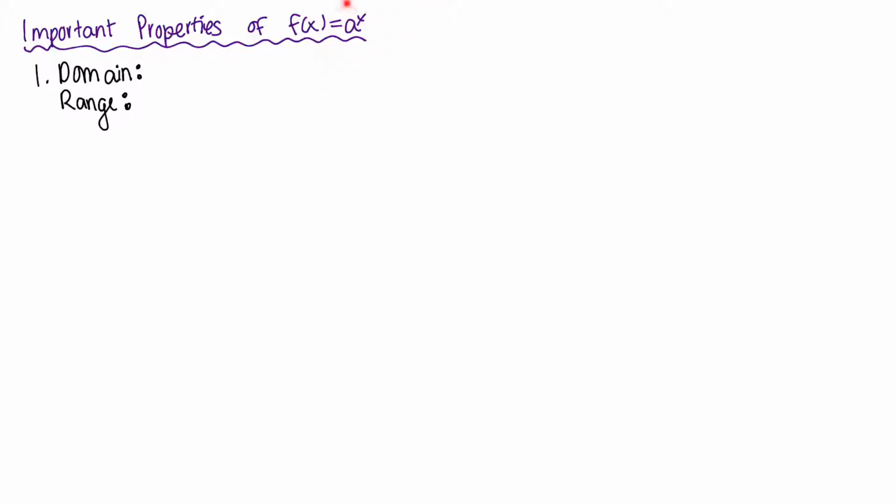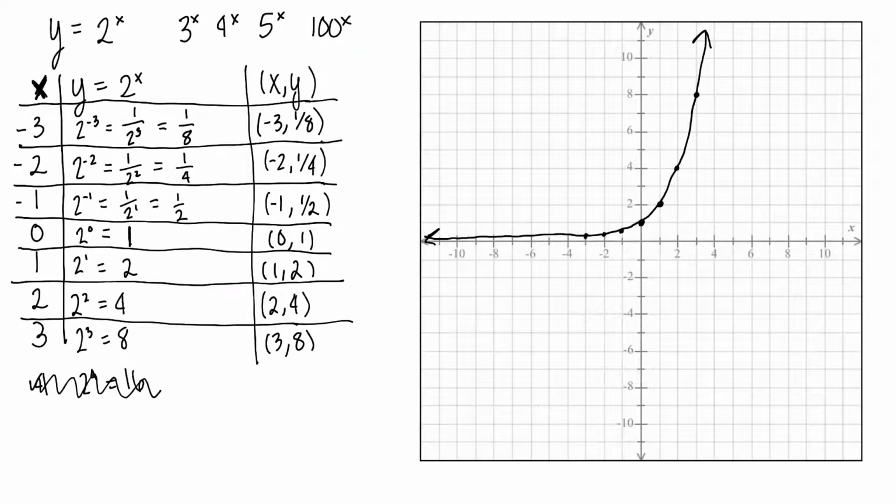If it's just a regular a to the x function, like the 2 that we worked on here. For the domain, you'll notice that you could plug in any number for x, right? There's no number you can't plug in for x. You could plug in -100, and you would have 1 over 2 to the 100. You'd get a number. It'd be a very, very small number.